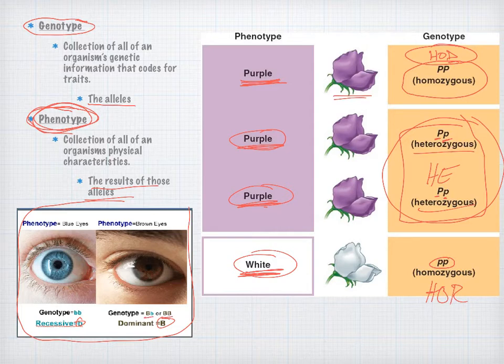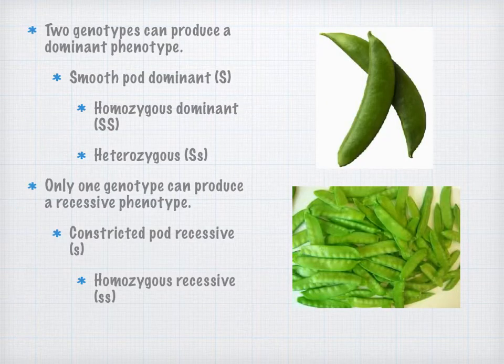The genotype for blue eyes would be homozygous recessive to get the recessive trait of blue eyes expressed. There are two genotypes that can produce a dominant phenotype.